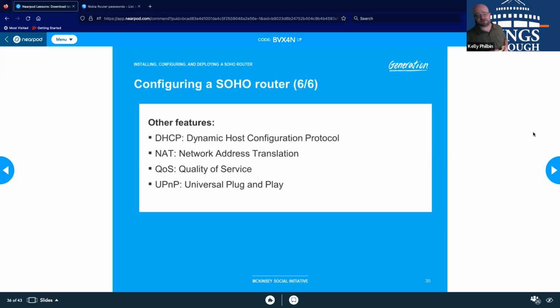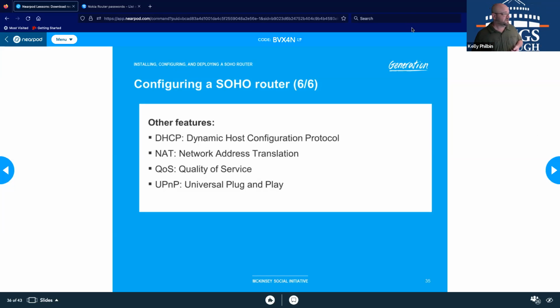Assigns you the IP address. IP address, what else? DNS. So we have IP, DNS. Anything else? Default gateway. One more thing. Subnet mask. There you go, subnet mask, perfect.